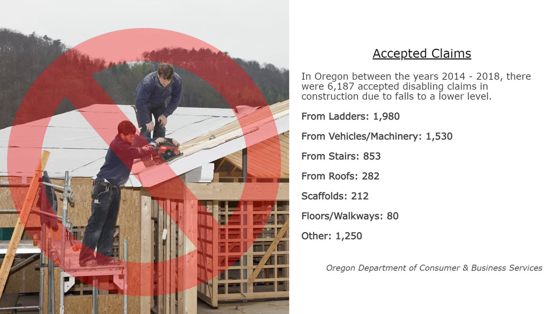Accepted claims. In Oregon, between the years of 2014 through 2018, there were 6,187 accepted disabling claims in construction that were due to falls to a lower level. Number 1, ladders, 1,980. Number 2, vehicles and machinery, 1,530.